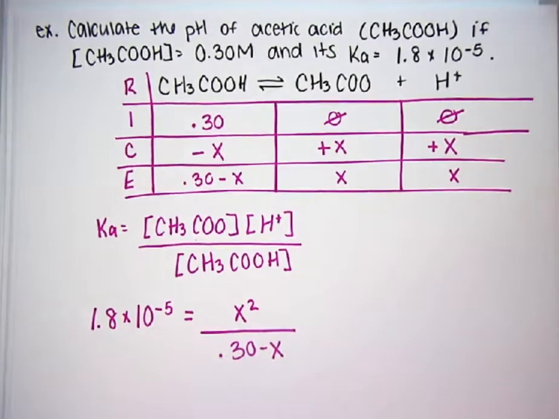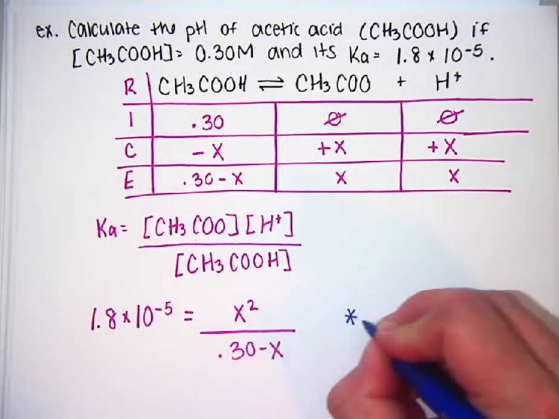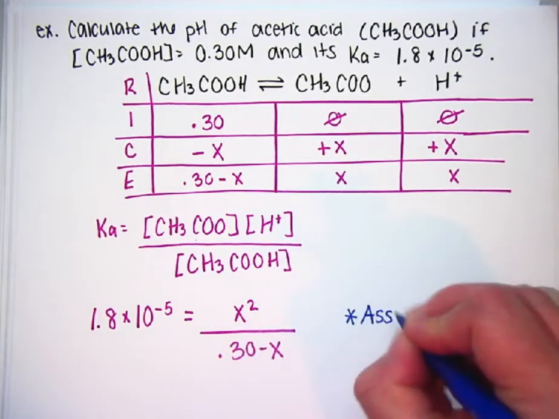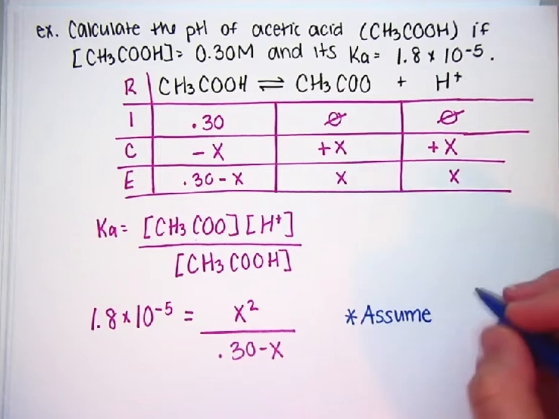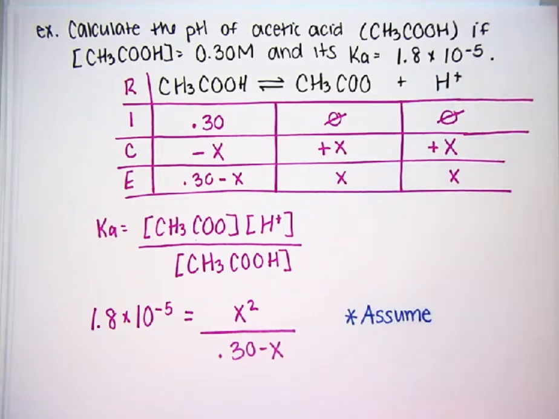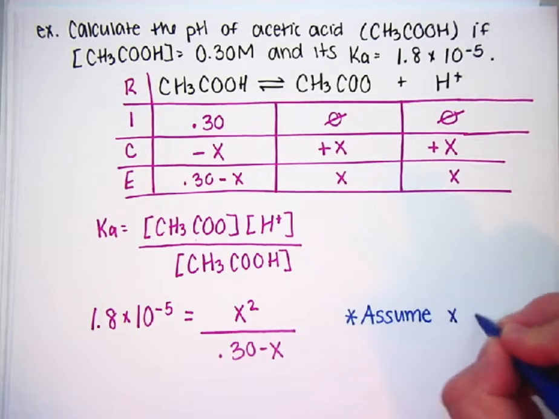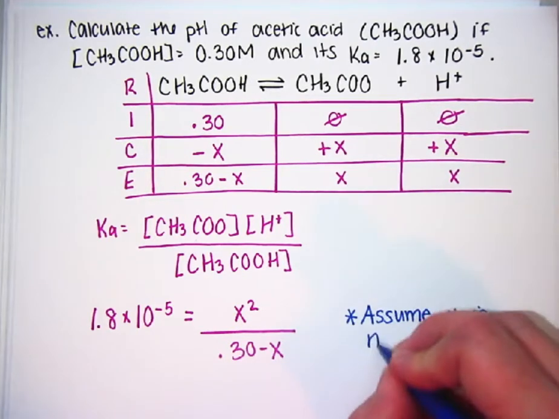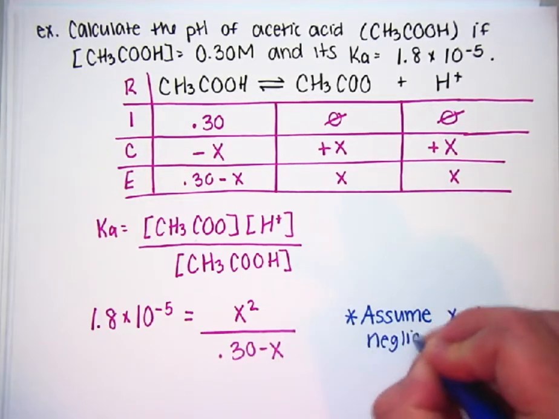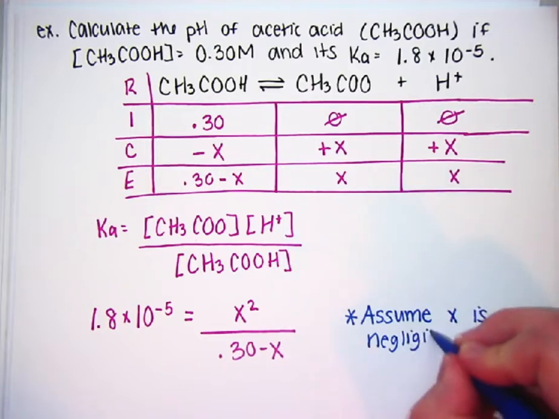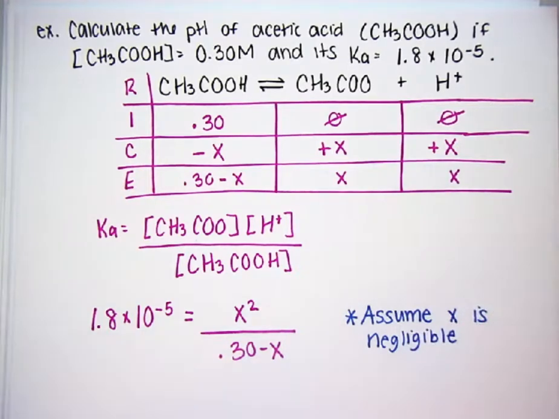Right now, if we were to solve this, it's going to be complicated. So we are going to make an assumption here. We are going to assume x is negligible. We're essentially just going to ignore it. The reason why we can ignore it is Ka is very, very small.